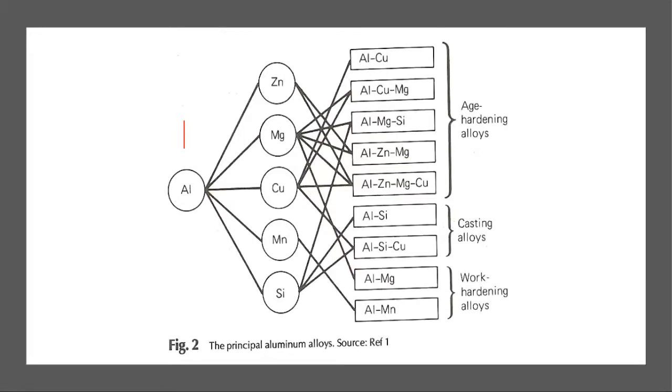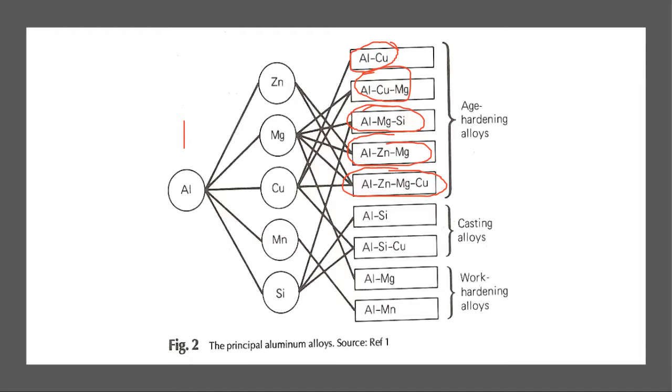So in this first case, you see that you have aluminum and copper; aluminum, copper, magnesium; aluminum, magnesium, silicon; aluminum, zinc, magnesium; and the last one, aluminum, zinc, magnesium, and copper.